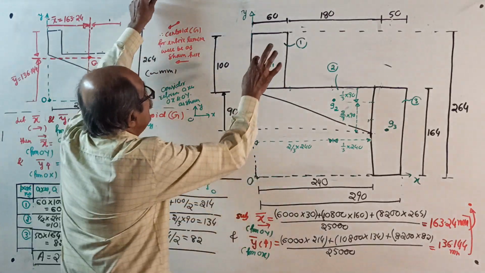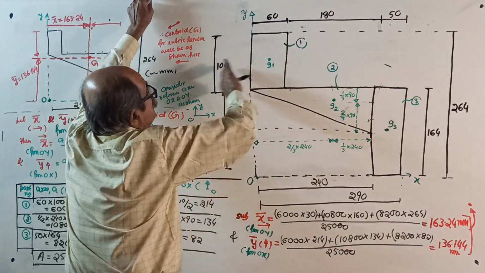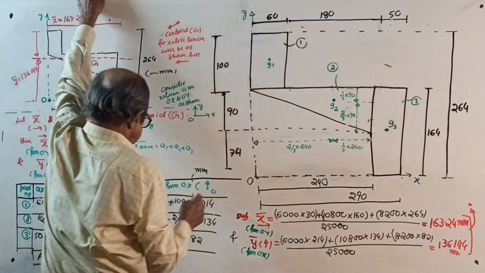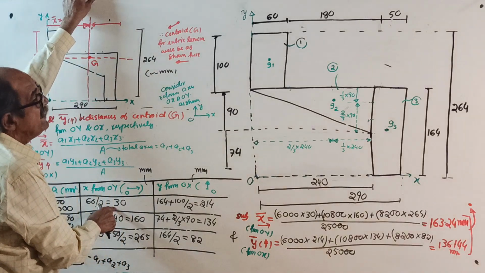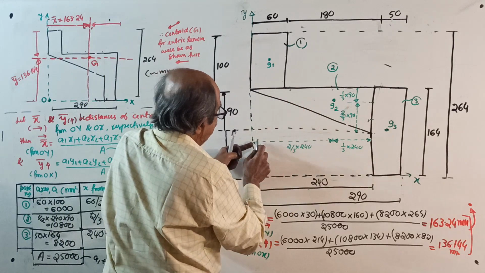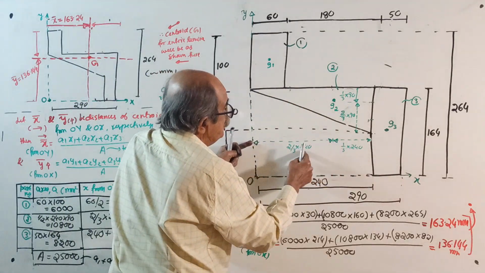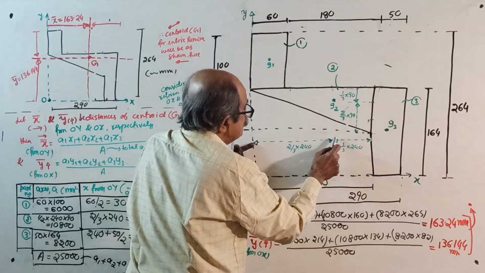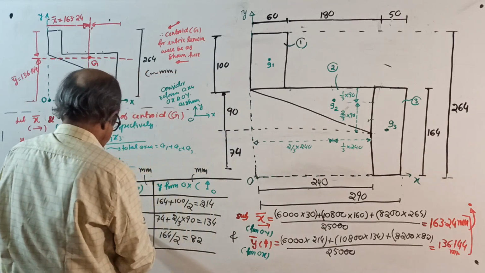Okay, start. X1, from here to this centroid, 60 by 2, 30, all in millimeter. X2, directly I have written here; actually you need not write this, I wrote it only for this question. 2/3 of 240 is 160.